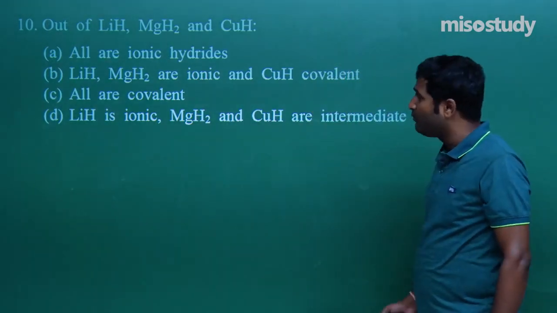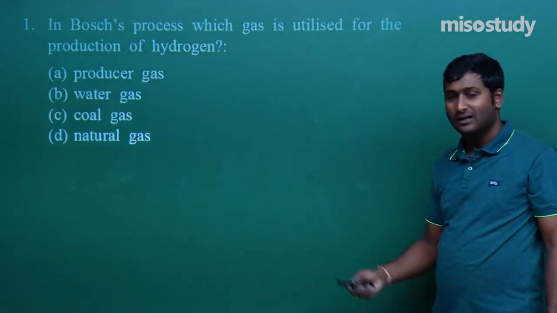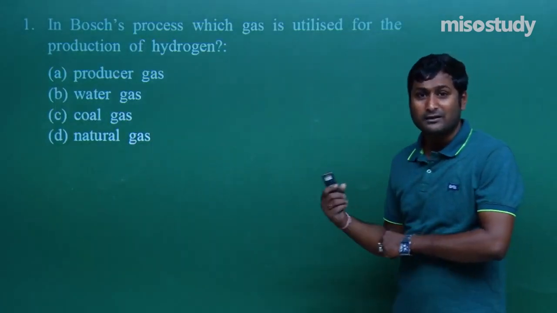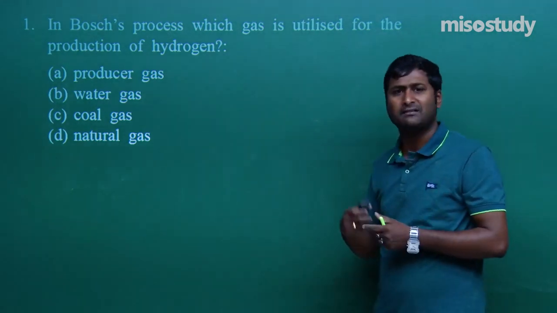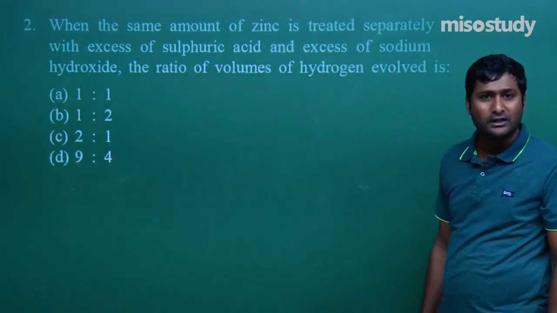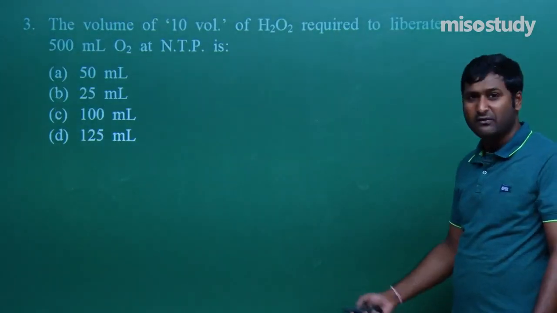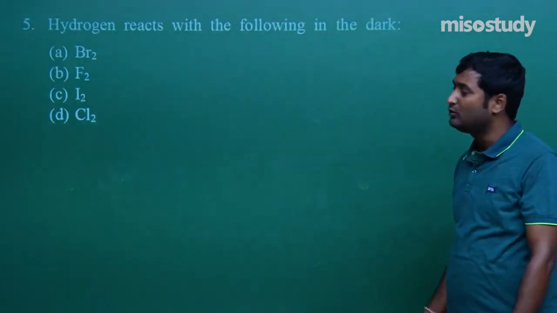Wait for a moment, I am reviewing the question. Now give the answer. Sir, this one is water gas. Now, I am not telling you to memorize, just solve lots of times, then definitely you will get the answer very easily. So water gas, this one, sir, 1:1, then this one, sir, 50 ml, that's good. Sir, A option, that's good. Sir, F2, that's good.